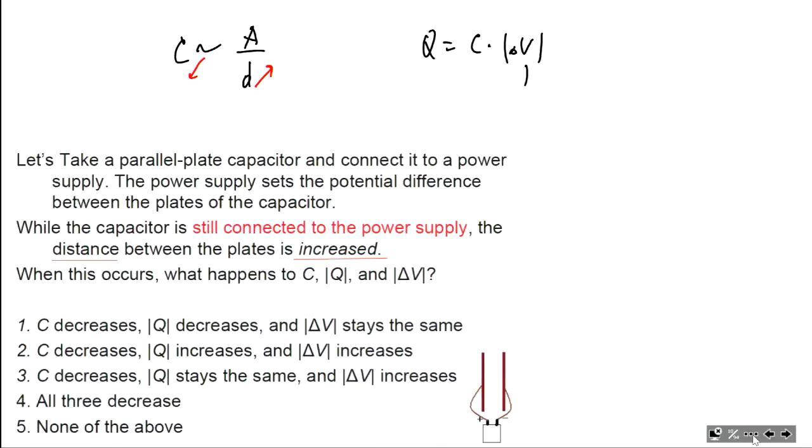And if the voltage remains constant, that automatically means what happens to capacitance, that same thing happens to the charge. If capacitance decreases, the charge decreases. That's it. So the answer is Q decreases. The answer is 1.